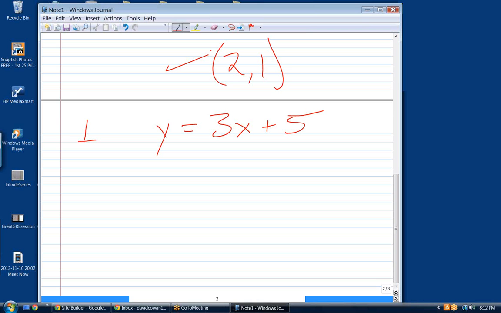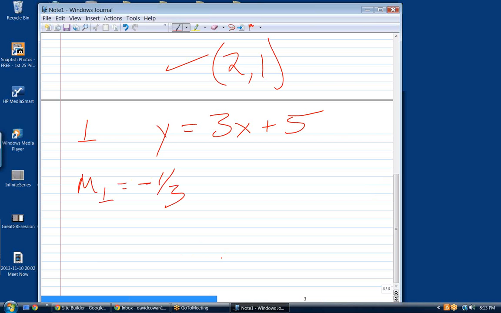Well, it's going to have the same slope, I know that. No, parallel is same slope. Perpendicular is... negative reciprocal. It's minus 1/3. You do the reciprocal and you change the sign. So the slope of the perpendicular is equal to minus 1/3.